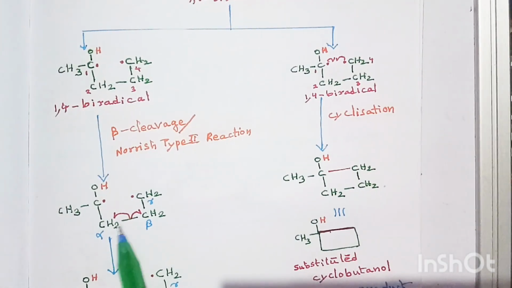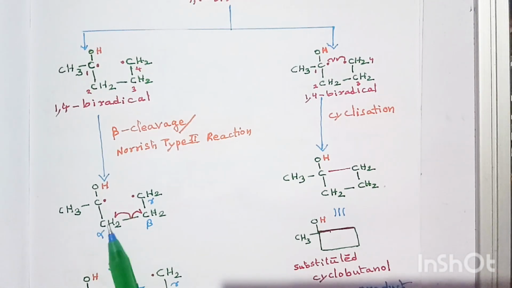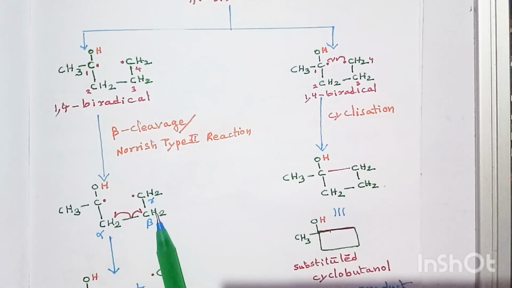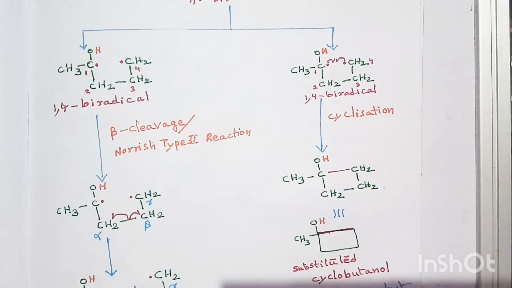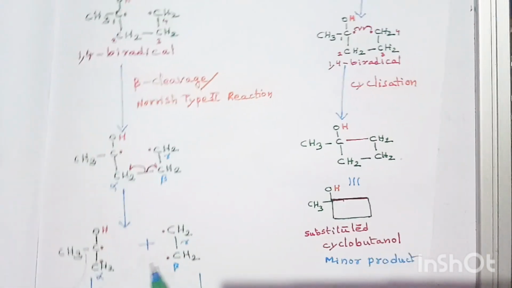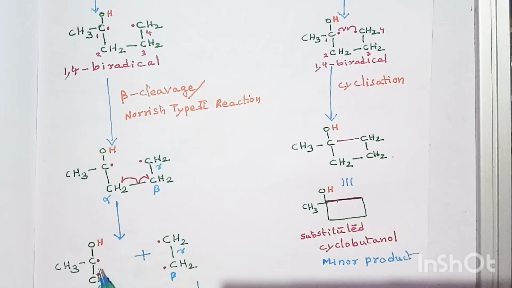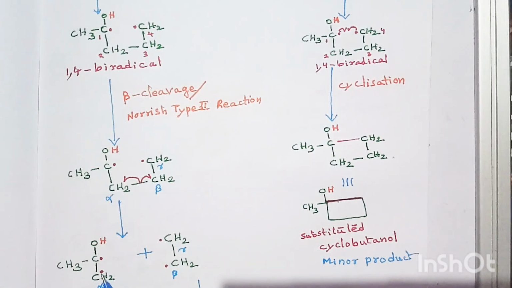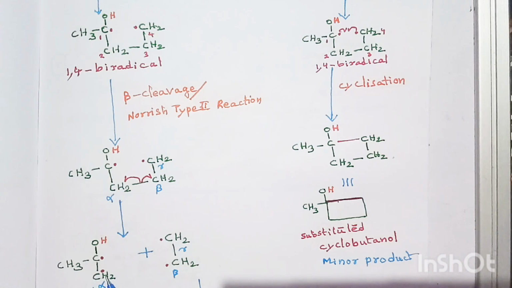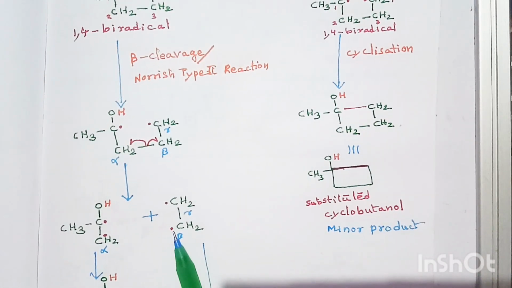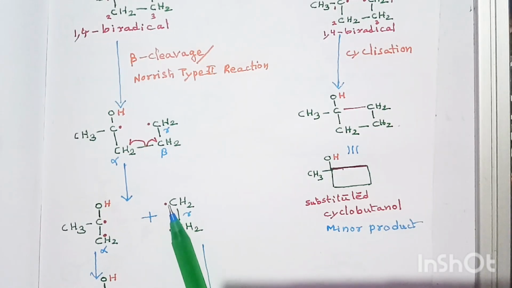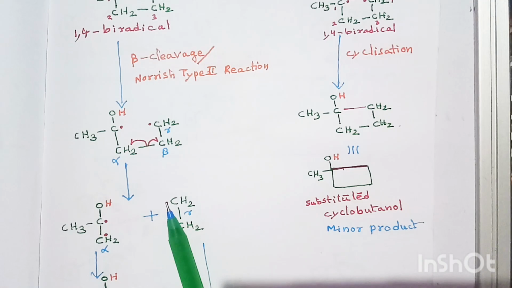Here the bond between alpha carbon and beta carbon cleaves, forming two radicals. One radical is formed on alpha carbon and another radical is formed on beta carbon. This gamma carbon already has a radical.